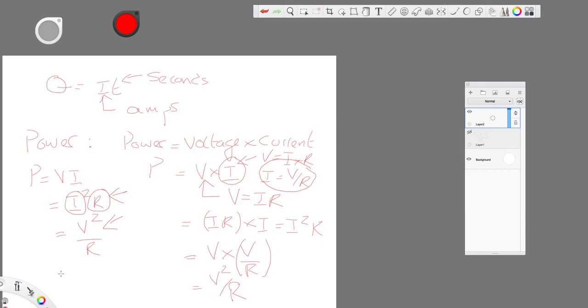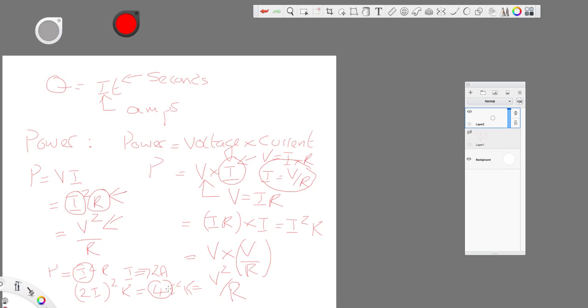I'll just show you what I mean. If P is I squared R, and then I becomes twice as big, then that becomes 2I squared times R. 2 squared is 4, I squared times R. So this is now 4 times bigger than it was before.